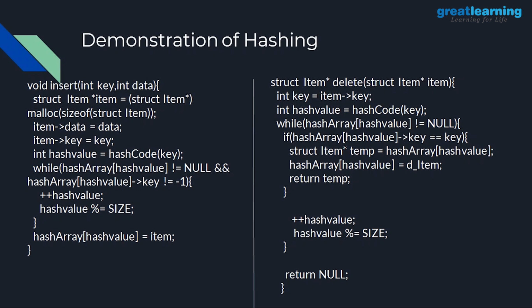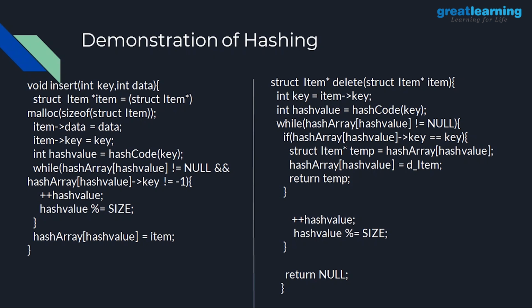Secondly, when we are trying to delete an element, first we have to check if the element is present in that hash table or not. If it's not, then we return null. If it is present, then we will first find the hash code and then we will try to check where it is.